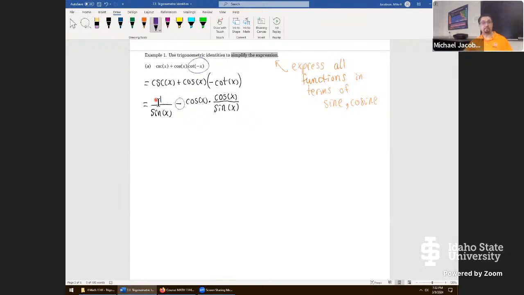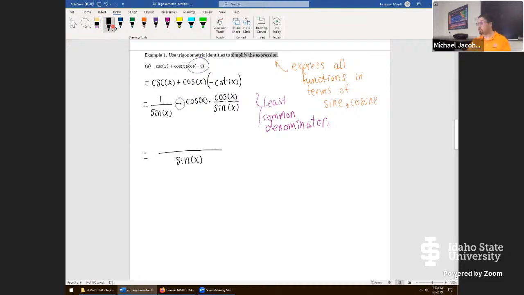It's still not simplified, but you know what's looking better? This has the least common denominator. I don't like that word, it's really long, but we've got a least common denominator of sine x. That means we can make one overall fraction with that denominator. We didn't need to do any corrections on there.